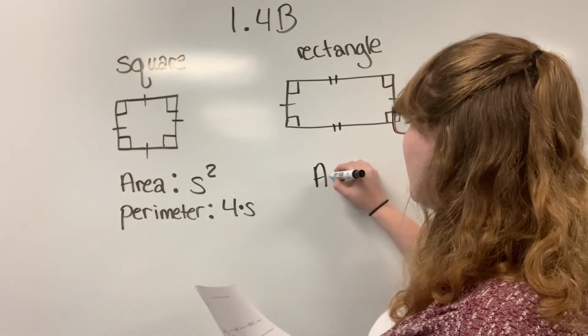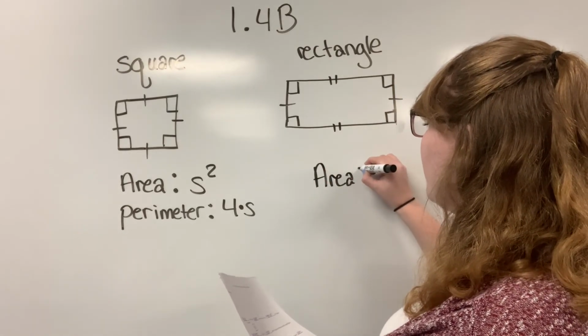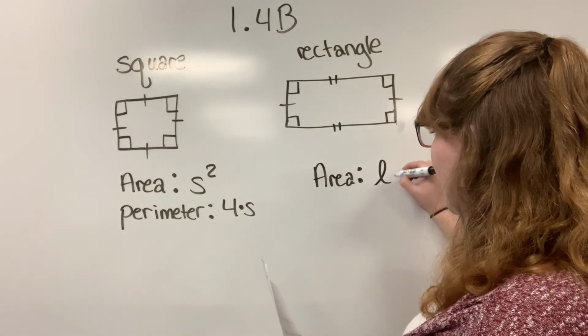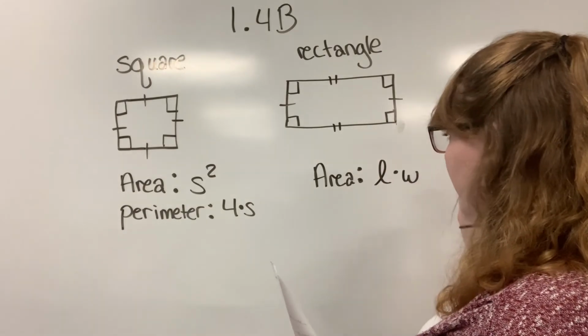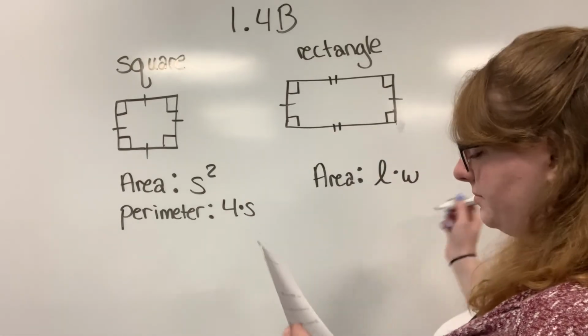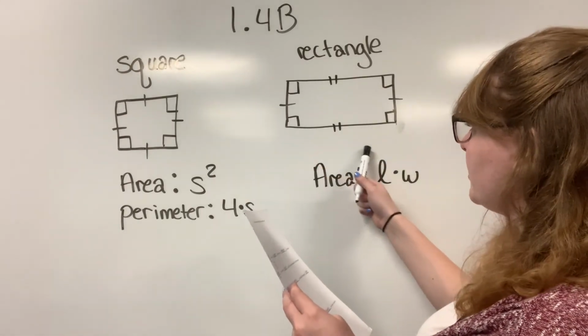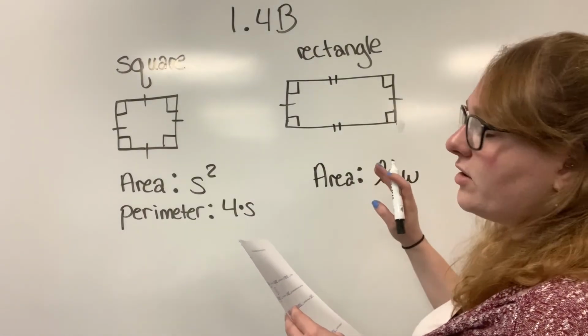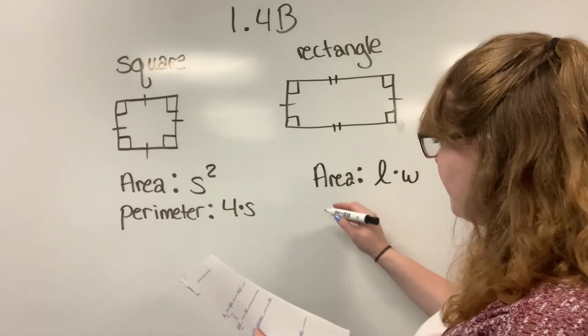If we wanted to find the area of a rectangle, we would use the formula length times width, okay? Length times width. So the longer side multiplied by the shorter side. And again, with area, you have to use units squared.